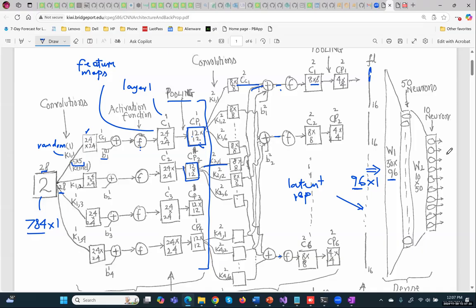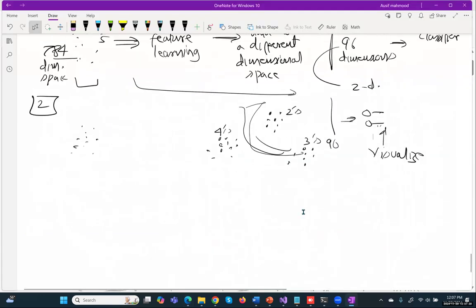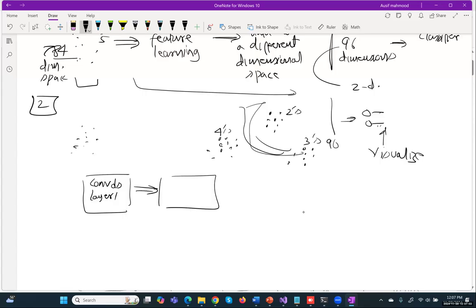And the answer is, like I said, let me draw the overall idea. Okay, so we have some convolutions going on in layer 1, then some convolutions going on in layer 2. Again, random kernels.